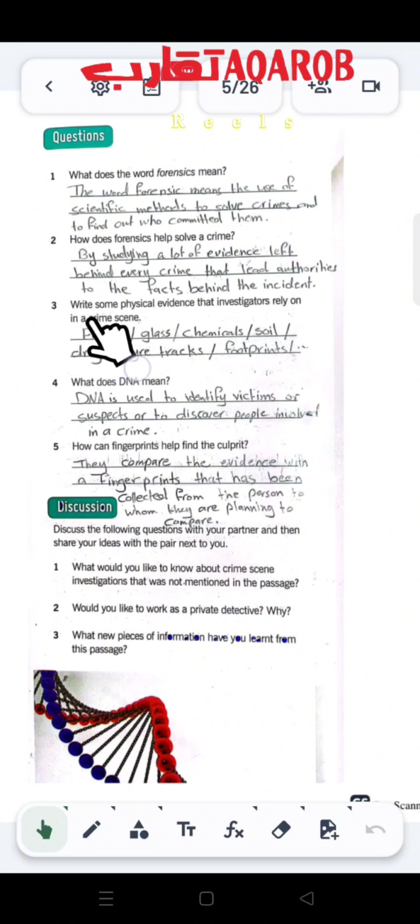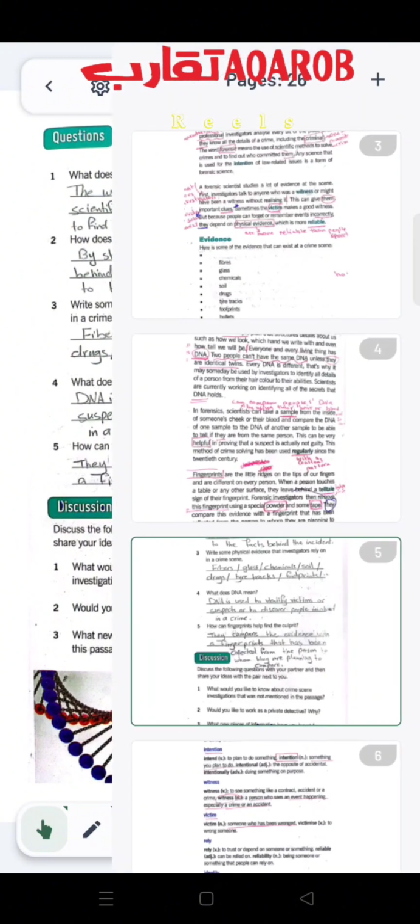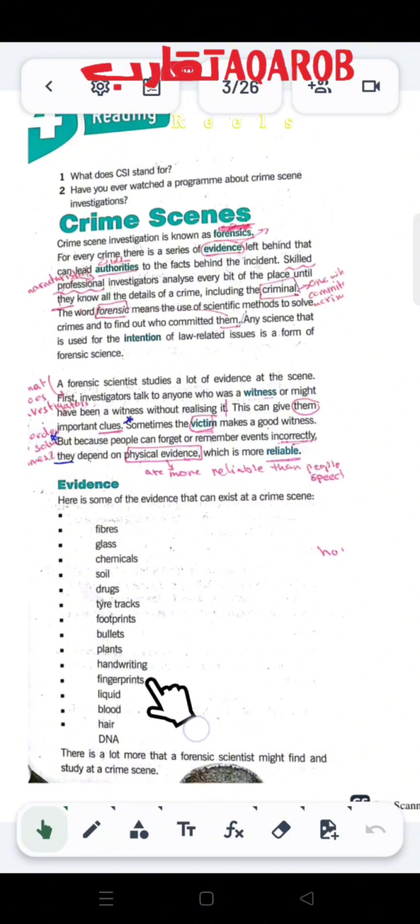And question number 3, write some physical evidence that investigators rely on in a crime scene. So we have fibers, glass, chemicals, soil, drugs, tire tracks, footprints, and we also have liquid, blood, hair, and DNA.